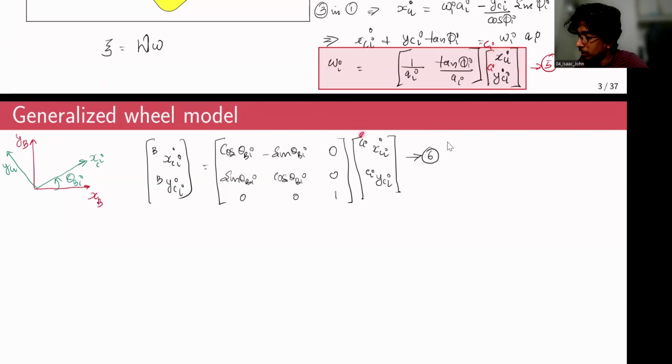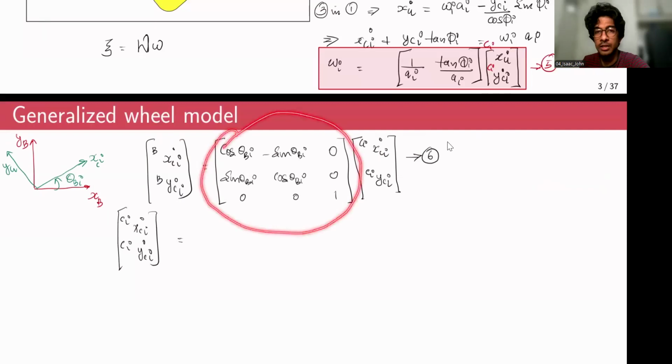So to find this with respect to ci, you have to take the inverse of this matrix and pre-multiply to the left-hand side. So I'll rewrite it again. So how do you write this? xci dot, yci dot with respect to this ci frame of reference is nothing but the inverse of this rotation matrix.